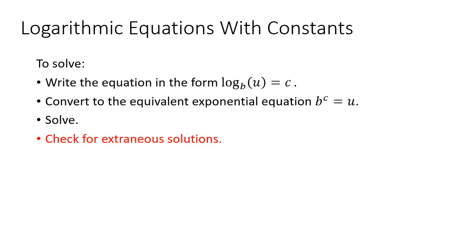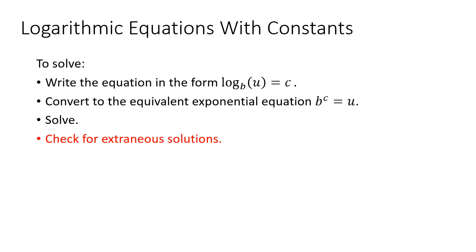Now let's take a look at the final type of equation in this section. These are going to be logarithmic equations with constants. In other words, you have a +2, a +7, a -4 floating around on the outside of the logarithms. In that case, we have to take a slightly different approach. And in fact, we solve problems kind of like this as part of the swap and solve method of finding inverses in section 4.2.